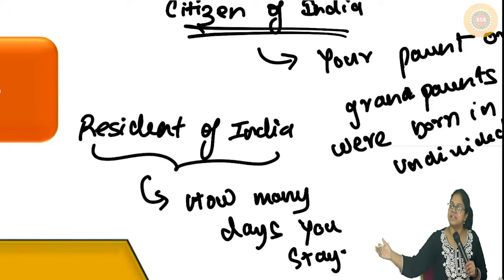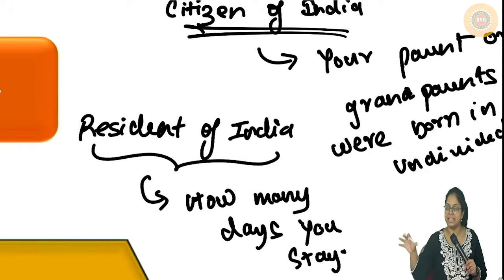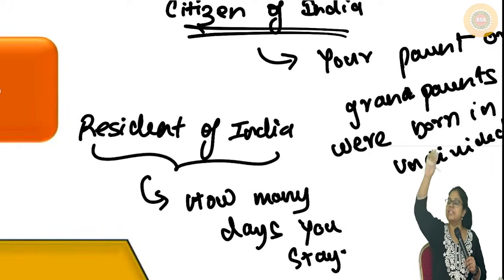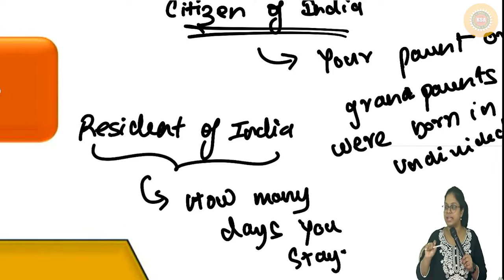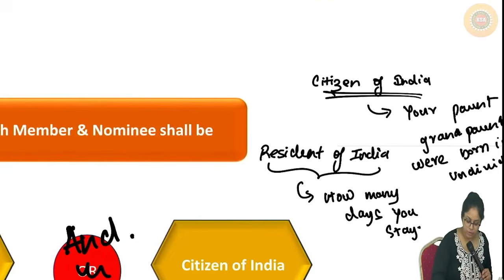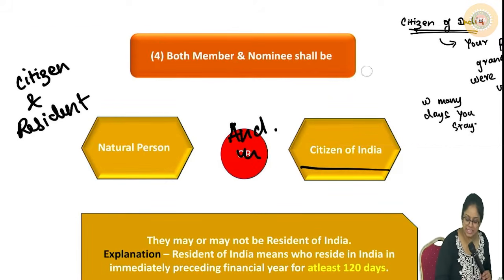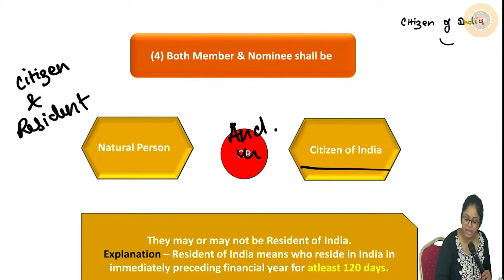They are non-resident Indians. Their citizenship is Indian only, but they are non-resident, because they have stayed in India for less than 120 days in the preceding financial year. So here, for the nominee status, do you need to be a resident or a citizen?